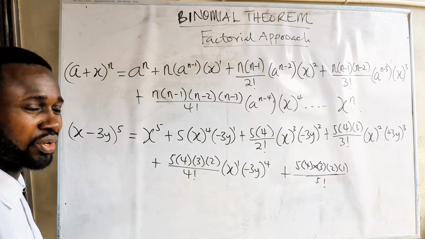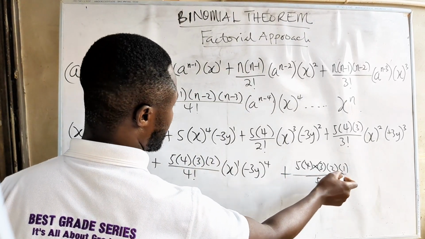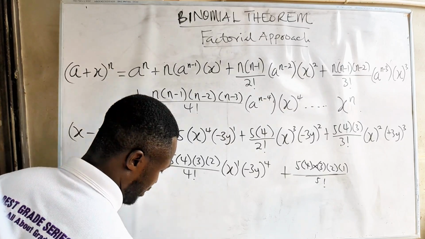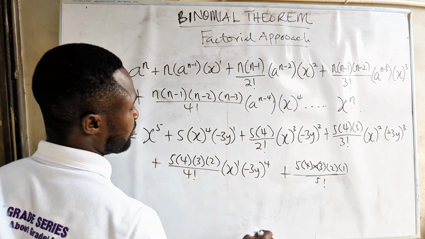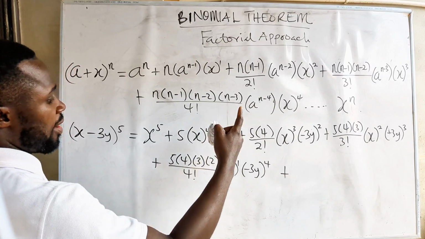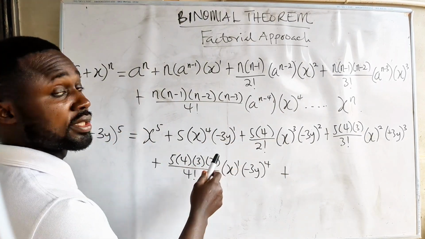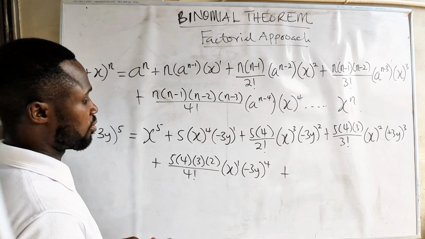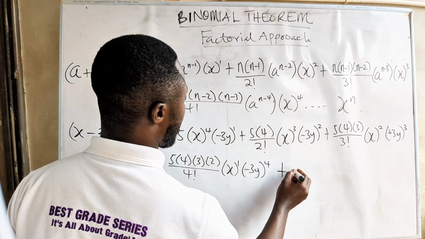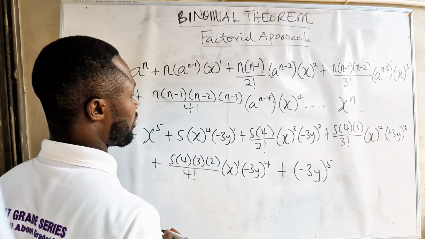What is 5 factorial? 5 factorial is 5 times 4 times 3 times 2 times 1, which is the same as it. So this one is going to cancel this. Alright. So it means that even if I write this in the next term, it will give us 1. And then x exponent 0 is going to give us 1. So the next term will be our last term, which is negative 3y, all to the exponent of 5.